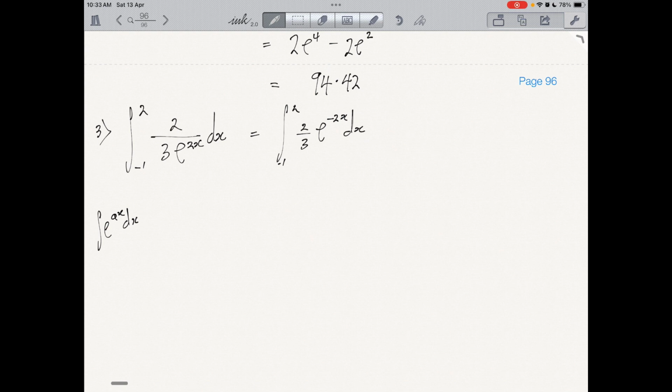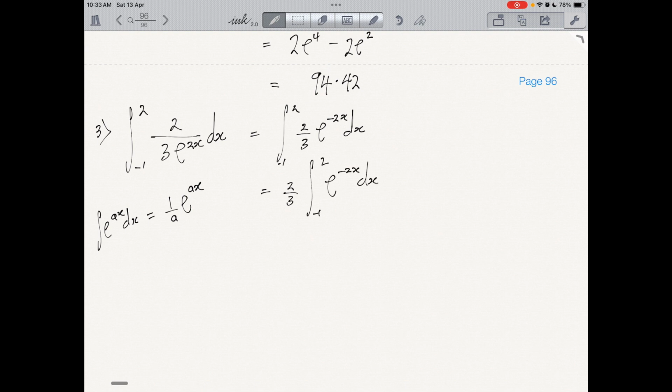And integrating exponential ax with respect to x, we'll have 1 over a exponential ax. So we can bring our constant out, and integrate from minus 1 to 2 exponential minus 2x dx.